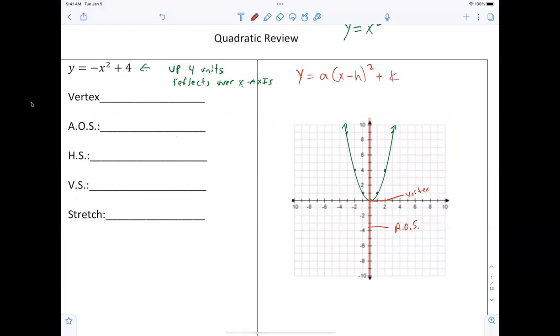So remember what h and k was called? (h, k) is called the vertex. Now, inside the parentheses, this h is your horizontal shift. And the k is your what? Vertical shift.